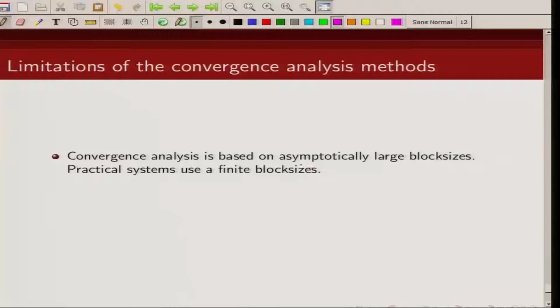Now, this approach assumes that we have very large block sizes. So, this convergence analysis results hold for very large block sizes, but in practical systems we use small size block sizes. So, the thresholds predicted by this method may not be consistent when we use small block sizes, and of course, there are some assumptions.